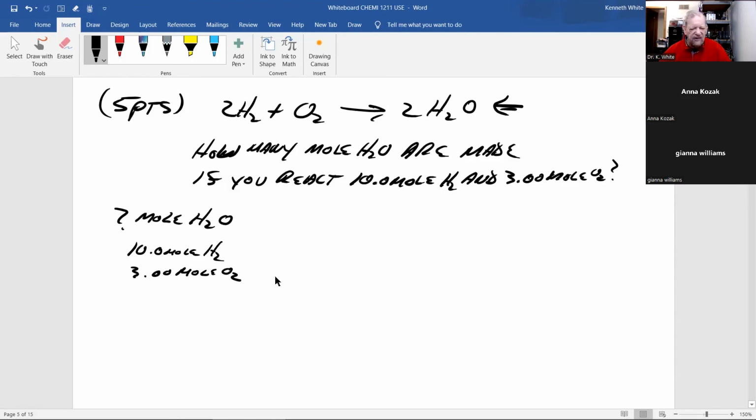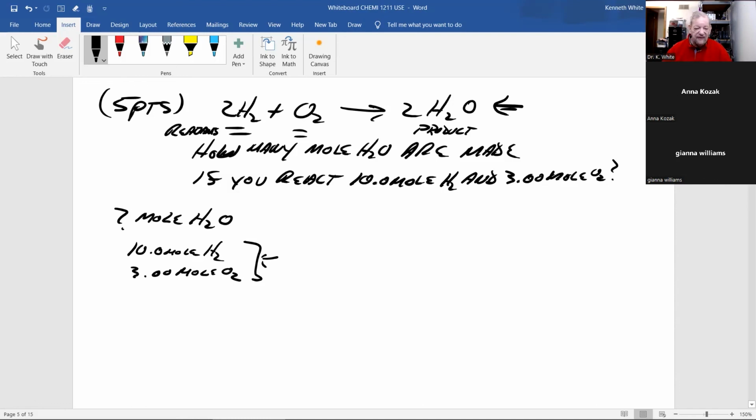Well, if you notice, this is a unique problem. You're given the moles of each reactant. Remember, at the base of the arrow, these are the reactants. And you're being asked to find moles of product. In this case, water. So what do we do?